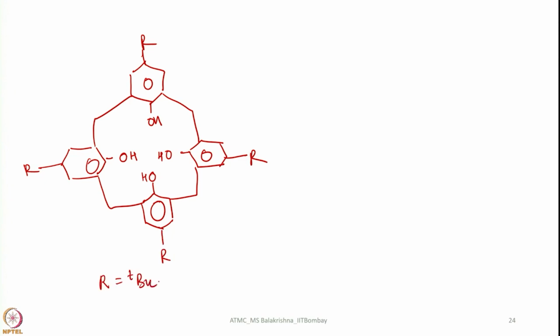Usually tertiary butyl groups are taken here, and because of bulky groups on para position, it looks like this, and we call lower rim and upper rim.